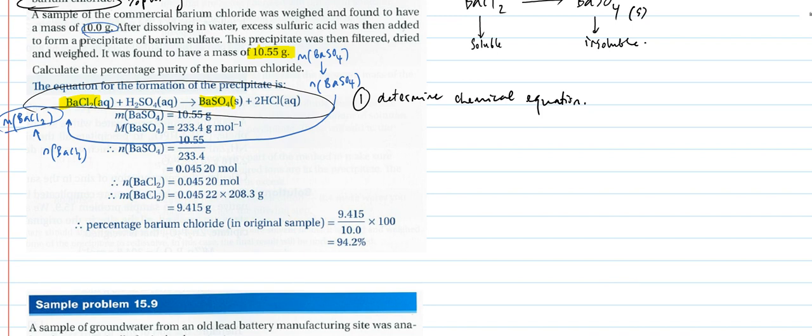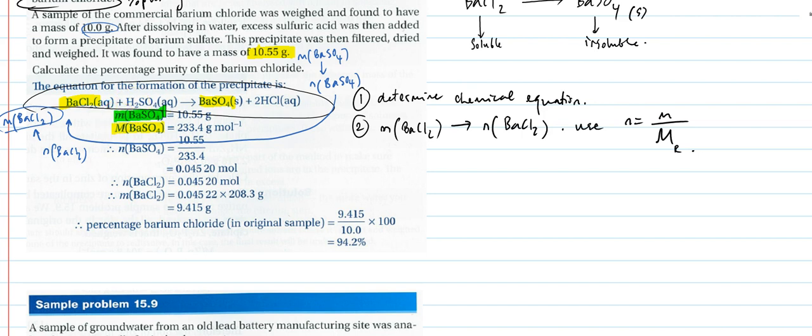So they've written the equation first. They then work out the number of moles, okay? To do that, they use n equals m on capital M, r. So you can see here, they don't use capital Mr, but they use capital M here. That's the molar mass. They've got the mass given to them, highlighted in green, and then the formula n equals m on capital Mr they use there.